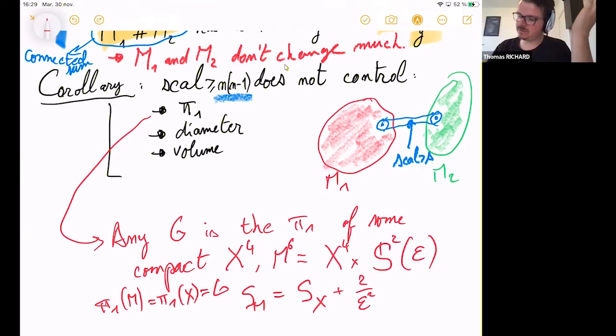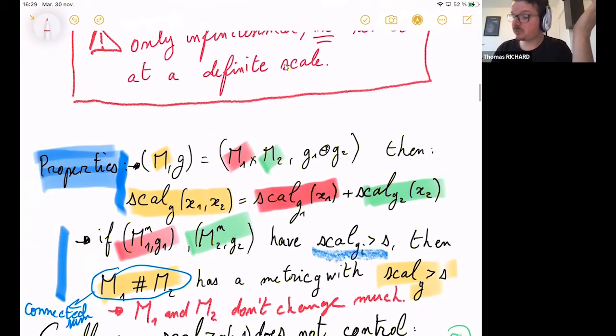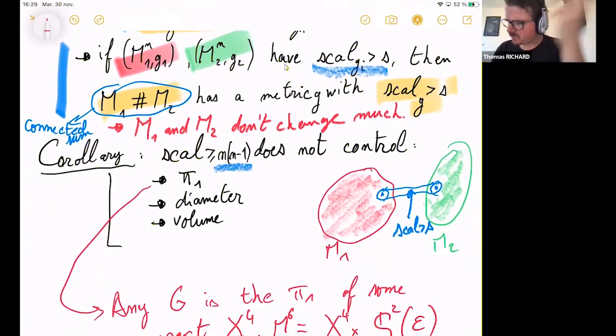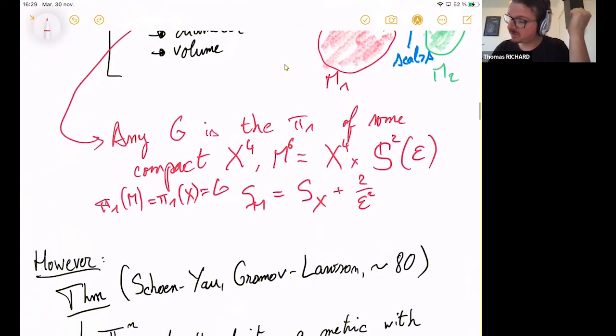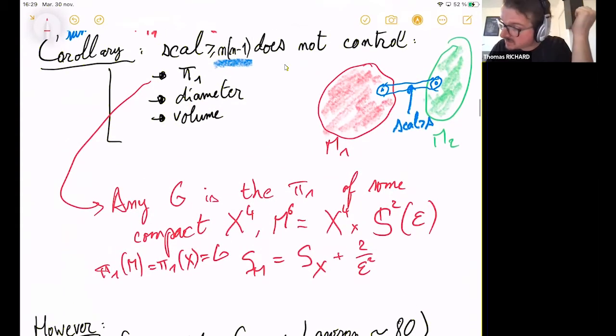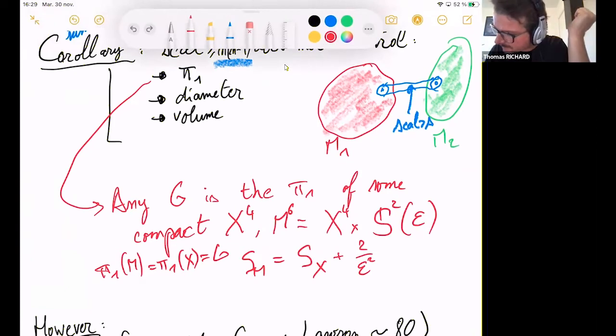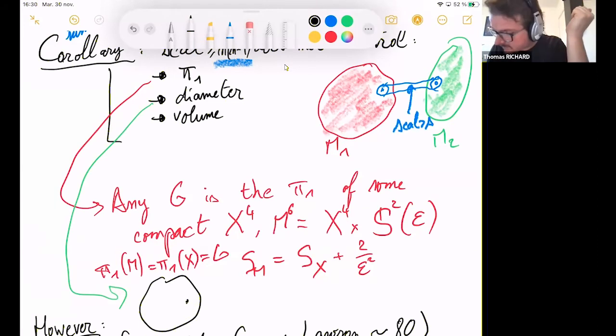And this is using the first formula for the scalar curvature of a product. But with this connected sum construction, we can also see that there is no control on the diameter or the volume. You start with any M, and then I can make a connected sum with, say, a sphere.